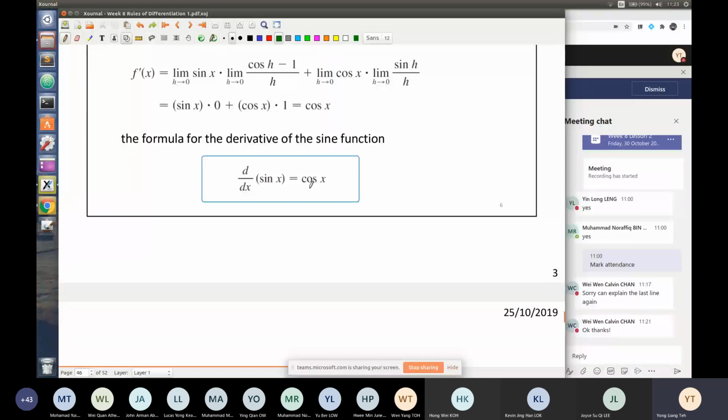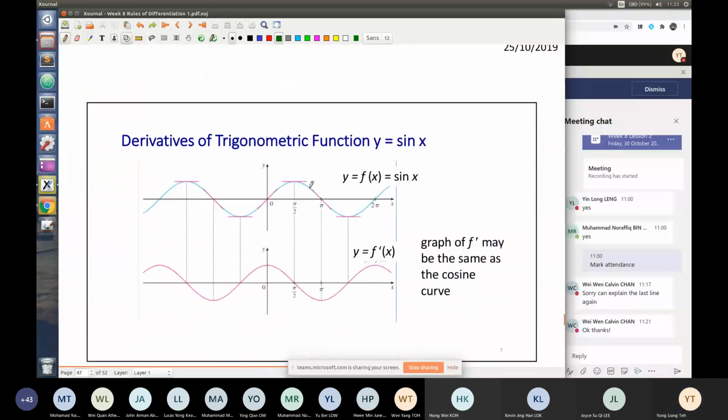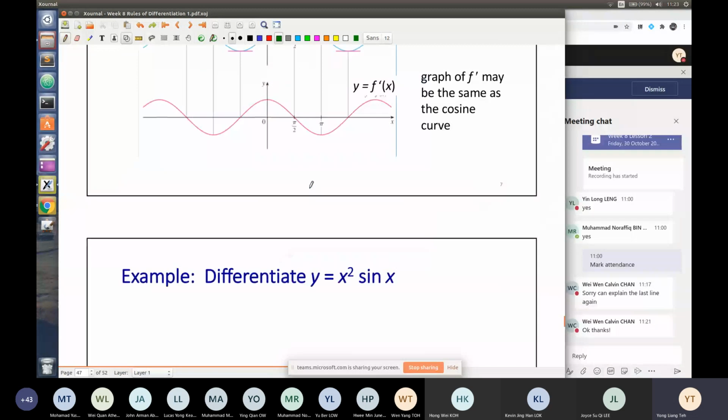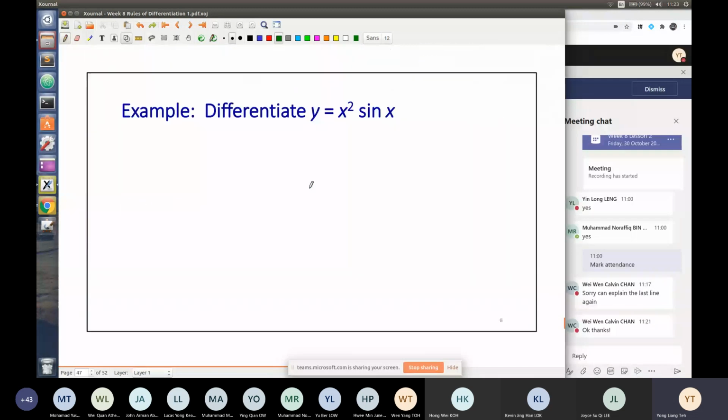So therefore, you can just repeat this same operation for the cosine x. Okay, but before we do that, let's look at this example. Differentiate x squared times sine x. So x squared times sine x is actually two functions of x multiplied together. Okay, because there's no way that you can combine that into one function, because it's not polynomial times polynomial.